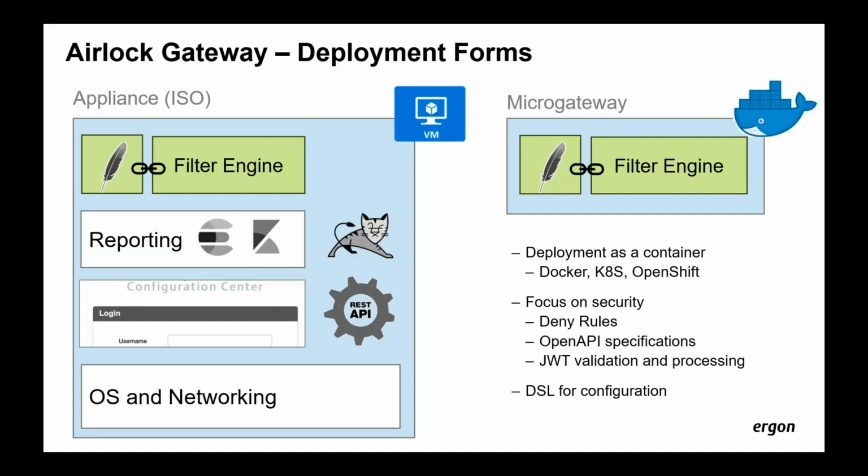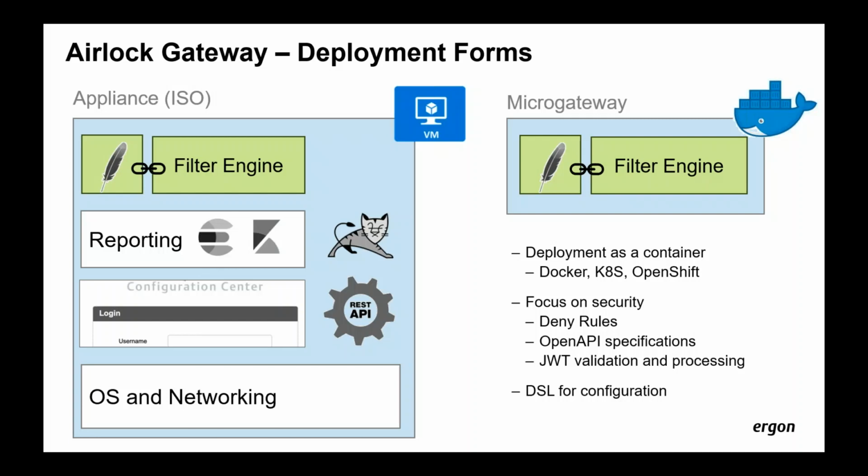If you have an OpenAPI specification of the service behind the Microgateway, you can upload it to the Microgateway and then apply it to requests and responses. And of course, we left JWT validation and processing in there. I'm going to explain on the next slide the reasoning behind this. The configuration will be done through a DSL. We're going to have a look at the configuration in 2 or 3 slides.